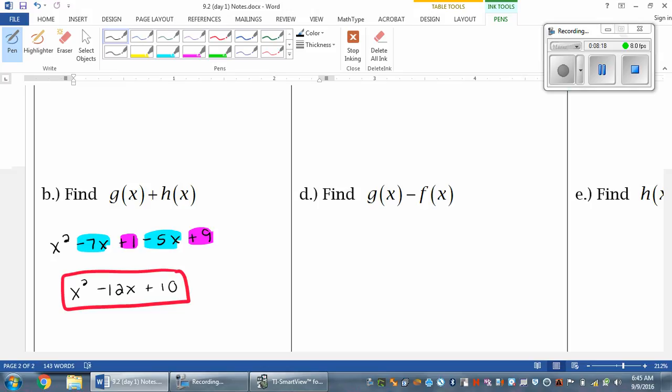All right, part B, g of x plus h of x ends up being x squared minus 12x plus 10.